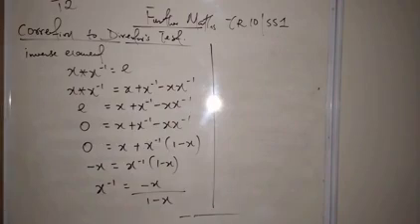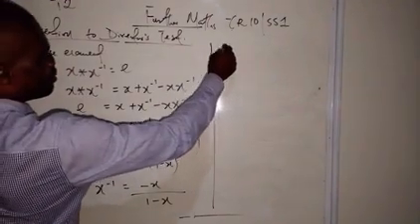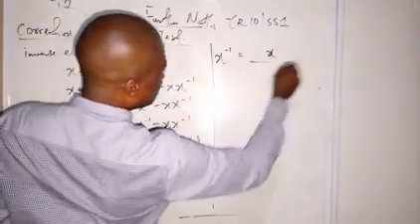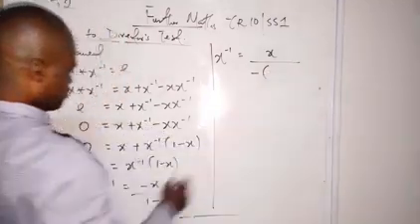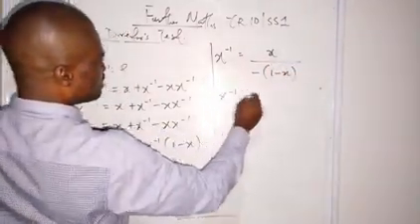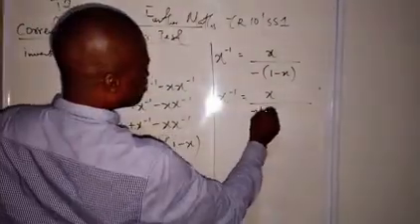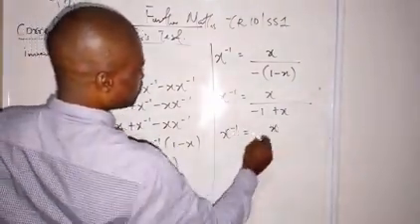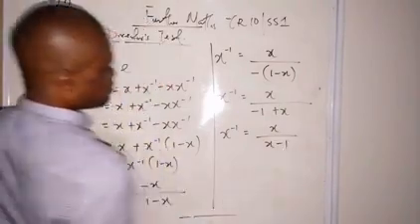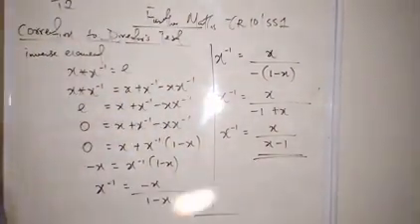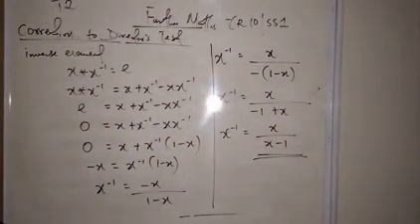Now, we can rearrange this by moving this minus downward. X inverse will be x over minus into 1 minus x. X inverse will be x over minus 1 plus x. So the x inverse will be x over x minus 1. So that is the x inverse of the binary operation given.